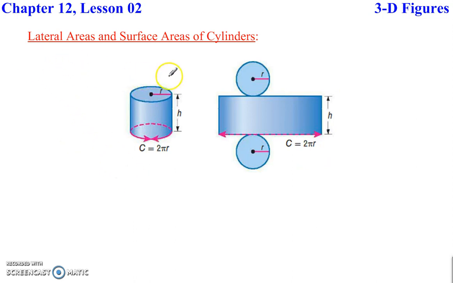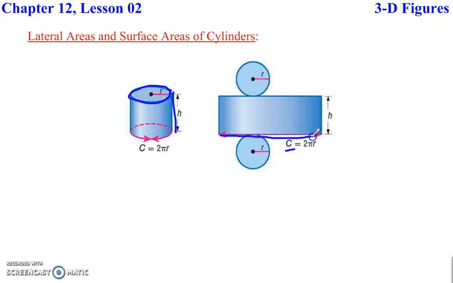Alright, same thing here. I would find the perimeter of the base and multiply that by the height. Now the base is a circle, so the perimeter around the outside of a circle is called the circumference. So we would find the circumference by doing 2 pi r, or pi times the diameter.